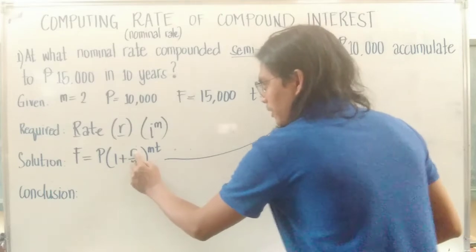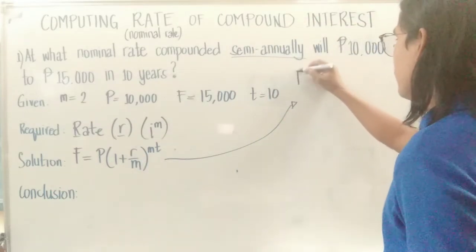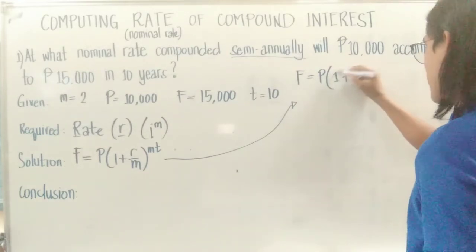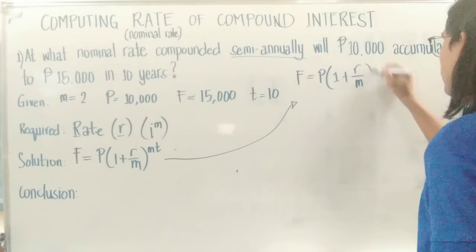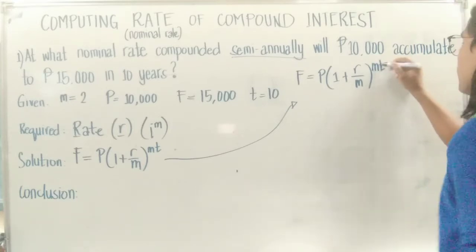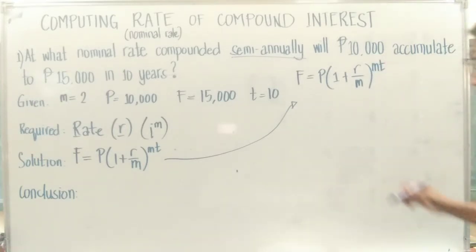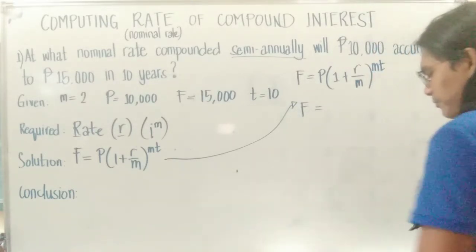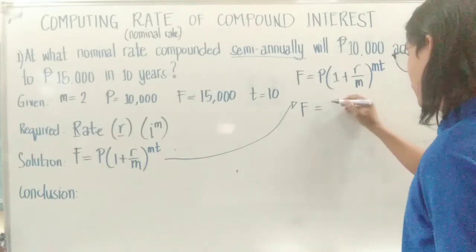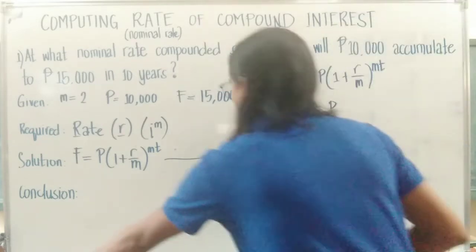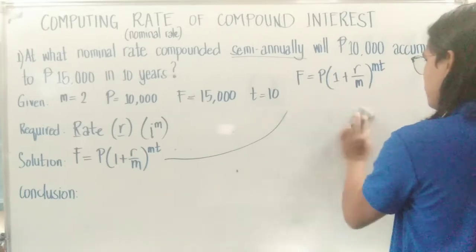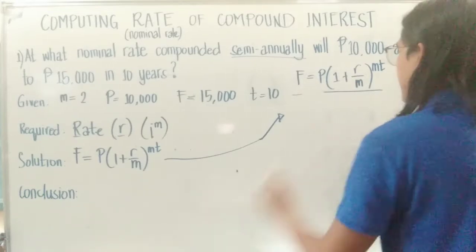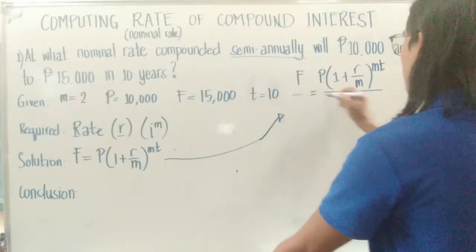So let us derive R using F equal to P times the quantity of 1 plus R over M raised to MT. Let us divide both sides by P to isolate R in here.